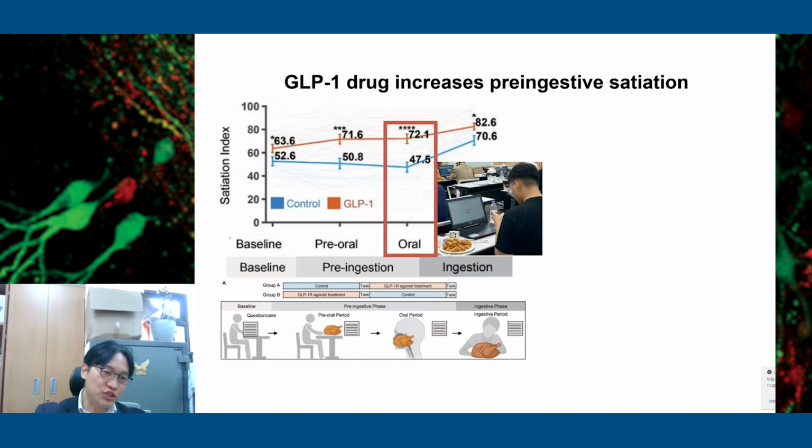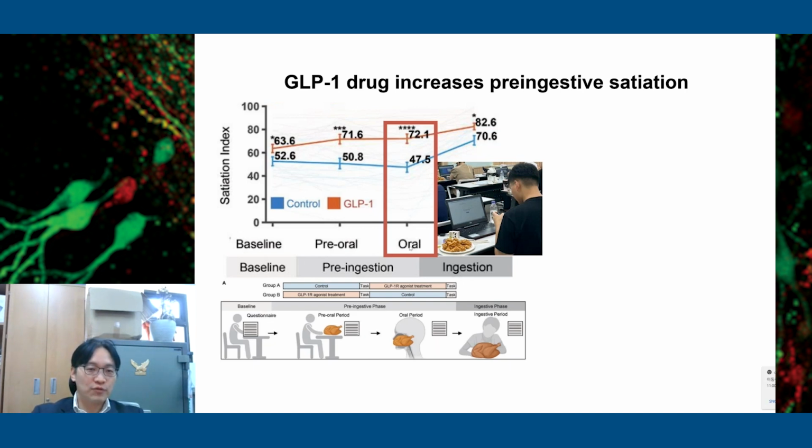We are giving them chicken, and we have a temporal sequence of the baseline, and this pre-oral pre-ingestion phase is when you see or smell the chicken, but do not put it in your mouth. And we tell them to put the chicken in their mouth. So this is the oral pre-ingestion phase, but do not swallow. So chew the chicken, enjoy the chicken flavor, chicken taste, the sweetness or saltiness, but don't swallow.